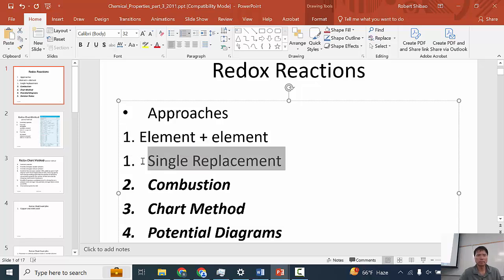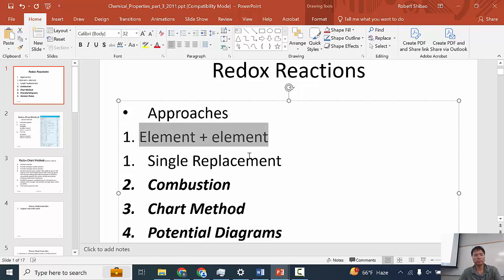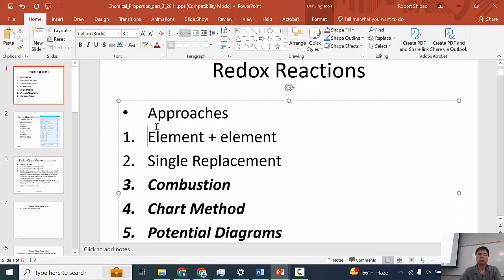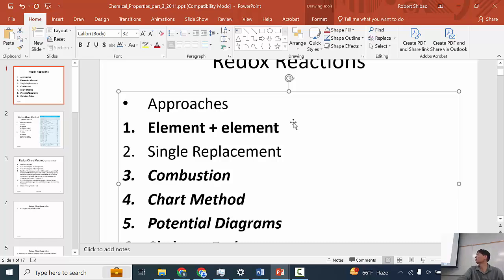Numbering got screwed up here. I'll put that here. We already did element plus element to an extent. But these are the approaches that we'll take to these.